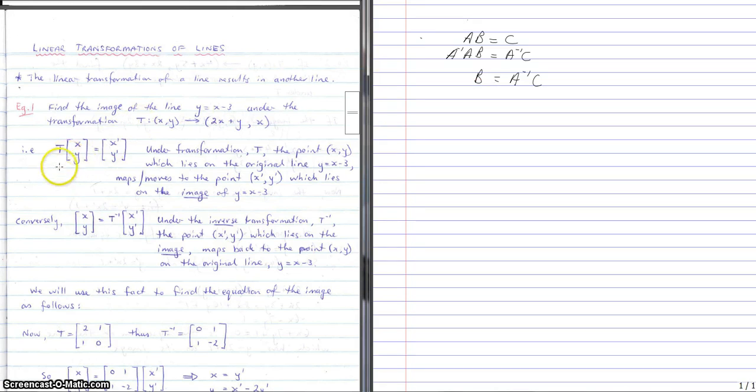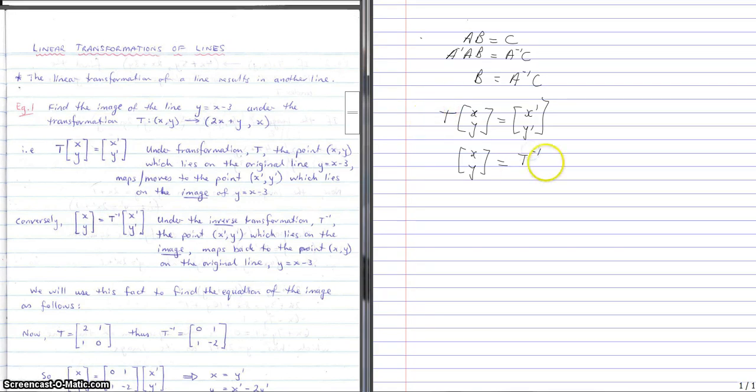What we've got here is T, our transformation matrix, times (x, y) equals (x', y'), and in order to find (x, y), or solve for (x, y), we multiply both sides by the inverse of the transformation matrix T in the correct order.